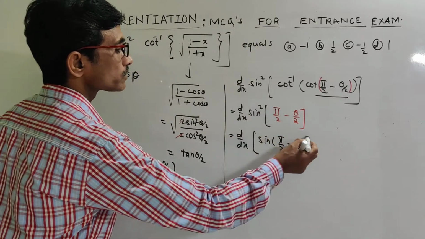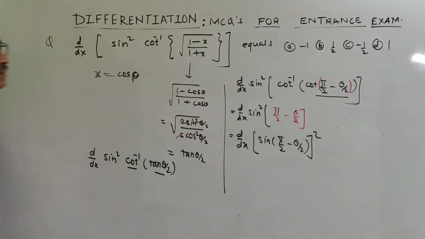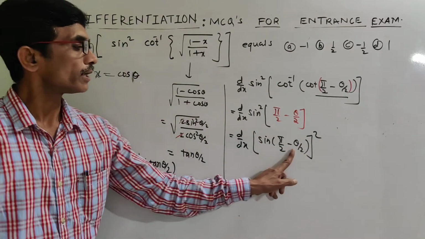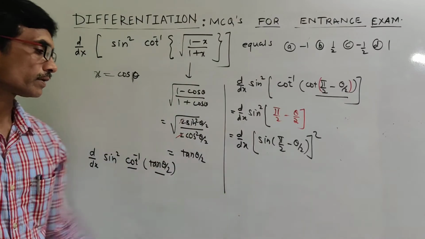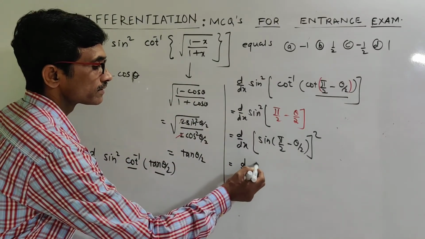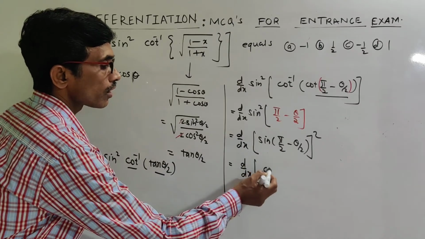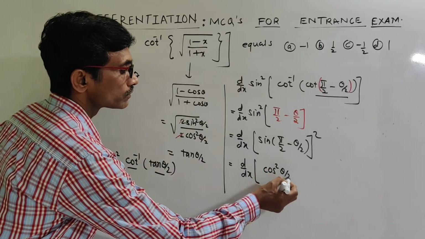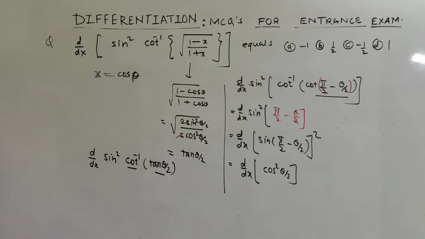Sine square is there, so whole square will write. Now sine of pi by 2 minus theta by 2 is cos of theta by 2, so which is derivative of cos square of theta by 2.